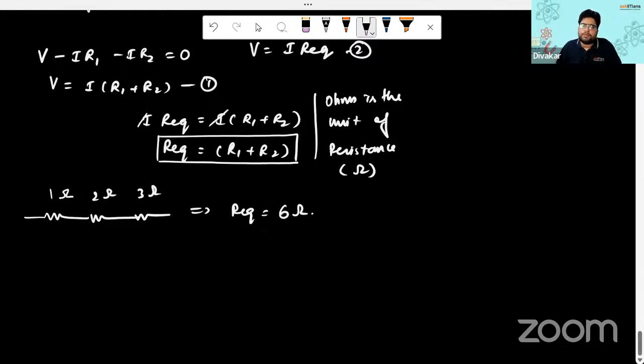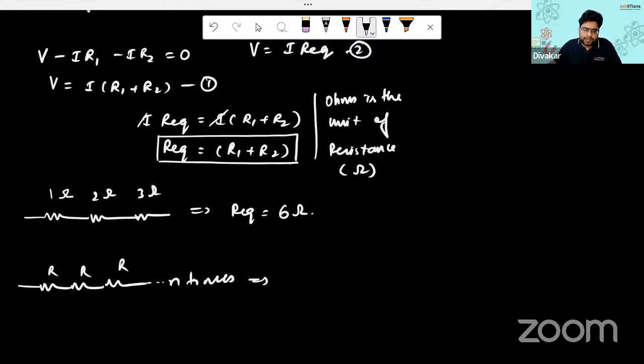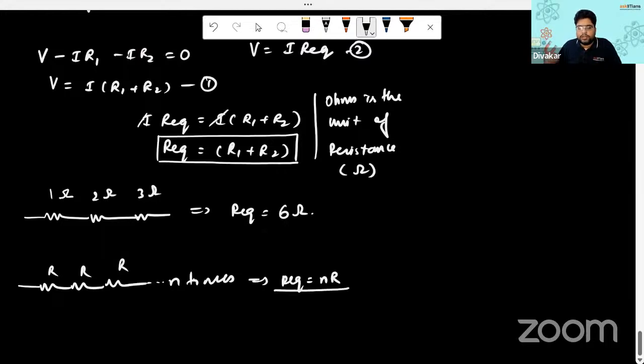If I have, let's say, R, R, R, and so on, n times, what will be the equivalent resistance? R plus R plus R, n times. So R equivalent becomes n into R. Now, if R and R are 1 ohm and 1 ohm, the equivalent is 2 ohm.